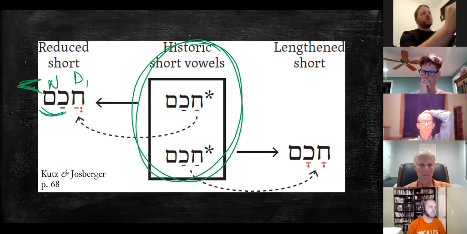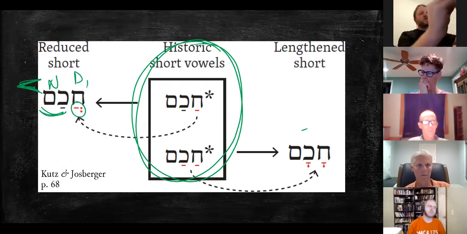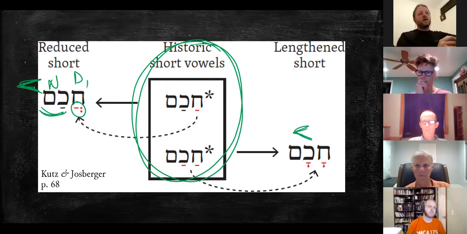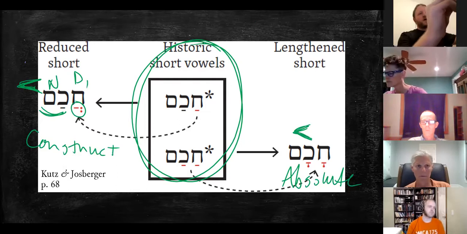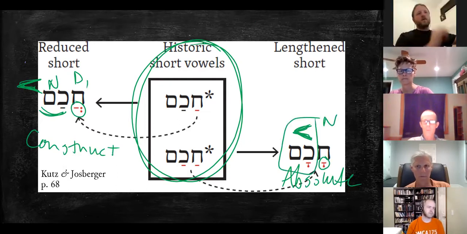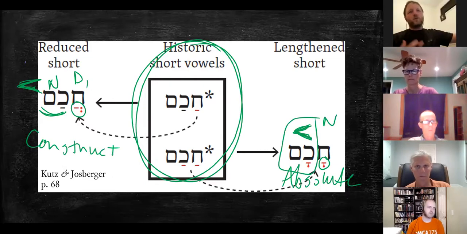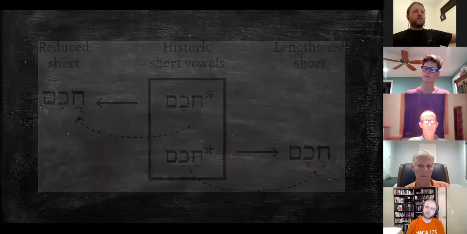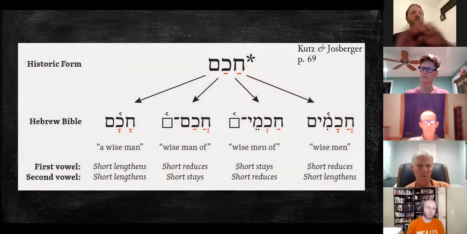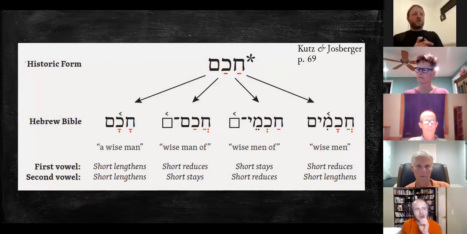And this is distant one, it reduces. But if the stress is here, okay, like in, this is a construct. This is construct and this is absolute. If the accent is here, then the near syllable is long. And in the case of nouns, the tone syllable will also be long generally. Most of the time, not always. Okay, that is not important. None of this is important to memorize. We're going to get into a lot of examples.